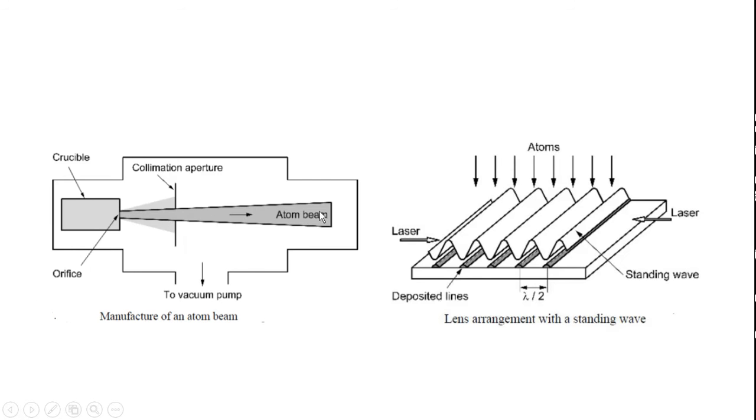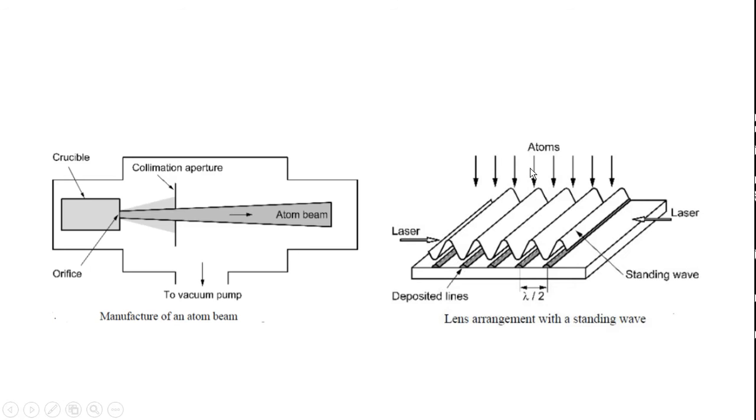This is the reaction chamber where the deposition of the material takes place. This is the lens arrangement with a standing wave, and these are the deposited lines, showing how the deposition has been done.